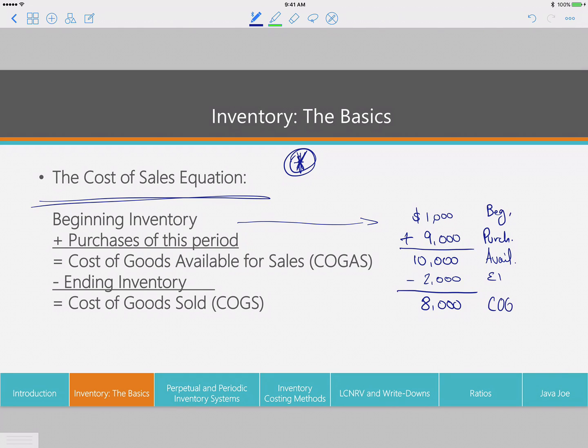So 8,000 is our cost of goods sold. And you can do this the other way, right? If you knew what you had available, so we had 10,000 available, and you knew that you had sold through 8,000 units, well, you would know what your ending inventory should be, assuming that nothing was stolen or nothing was damaged in the period.